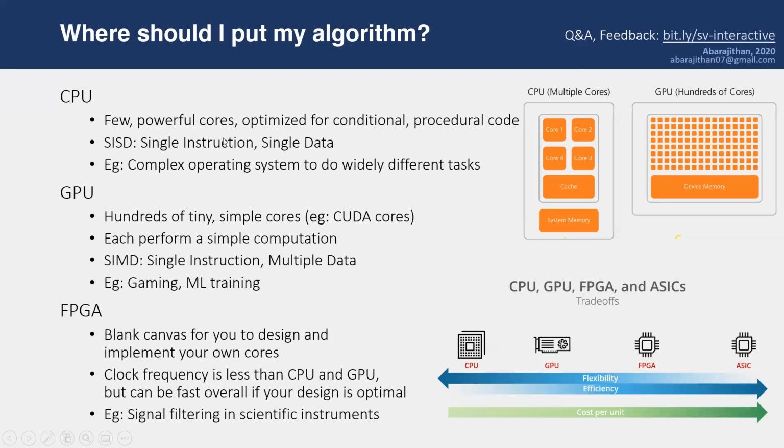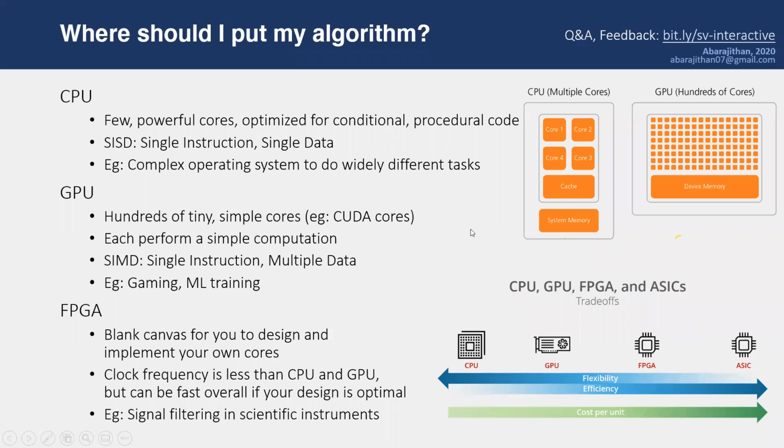They are highly pipelined. They can do multiplication, division, floating point operations, like 1,000 different things, and they are very powerful, but only few cores, and they are optimized for conditional code, that is if and if-else statements. They are called single instruction, single data.